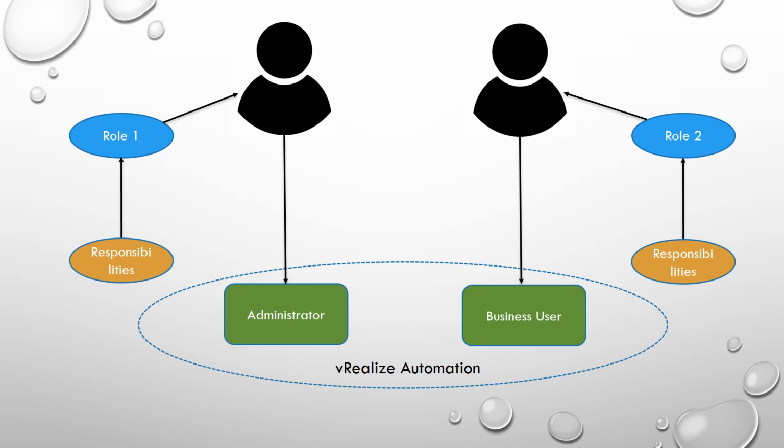Even the way the portal appears to a user depends upon the roles that they have been assigned. So, the portal can appear different for each user based on the defined roles for that user. Each user can be assigned one or more roles associated with their account based upon the responsibilities that they have.